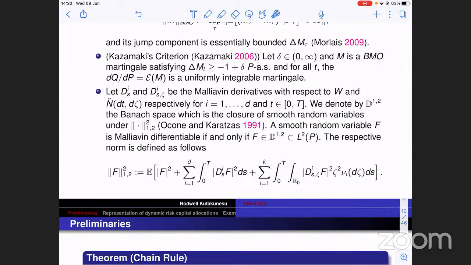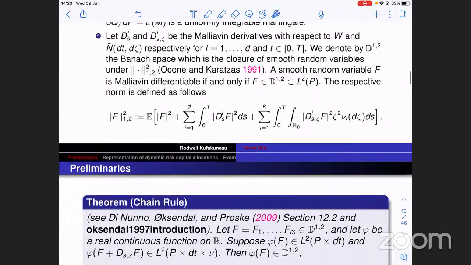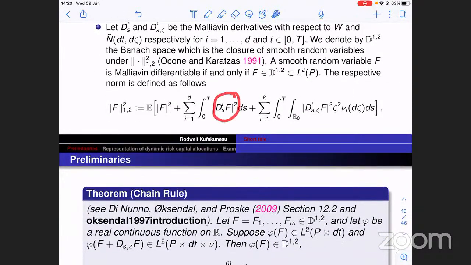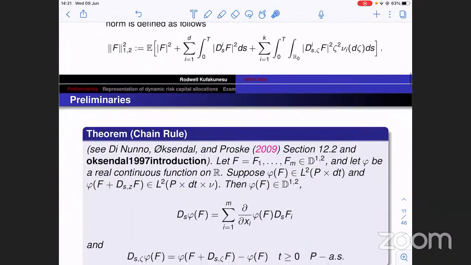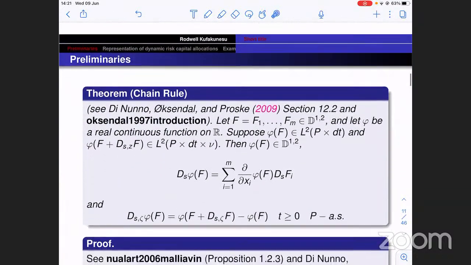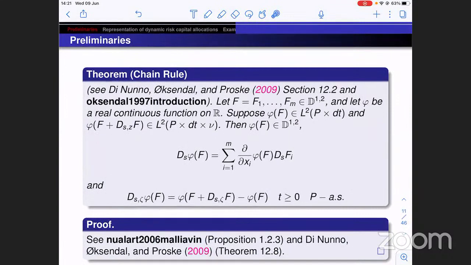So this is none other than an Itô representation theorem, which to some extent will give us explicitly these integrands, and these integrands here can be interpreted as the Greeks when you are doing some derivatives. Okay, there is some example here. We are looking at the chain rule.